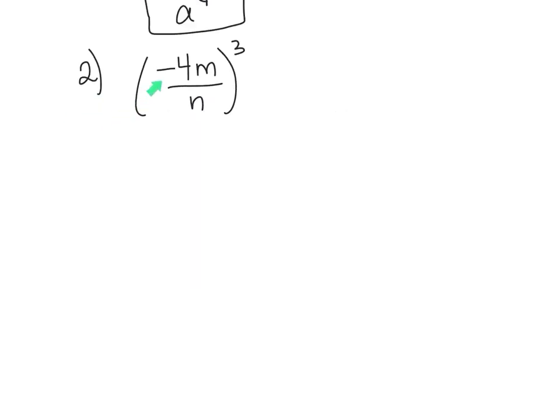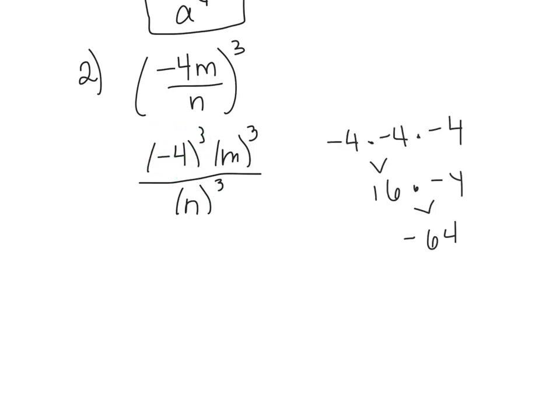Last problem. Negative 4m over n, all in parentheses to the 3rd power. So the exponent goes with everything inside. Negative 4 in parentheses to the 3rd power, m to the 3rd power, and the n to the 3rd power. So we'll do this work for the negative 4 off to the side. Here we're multiplying negative 4 by itself 3 times.